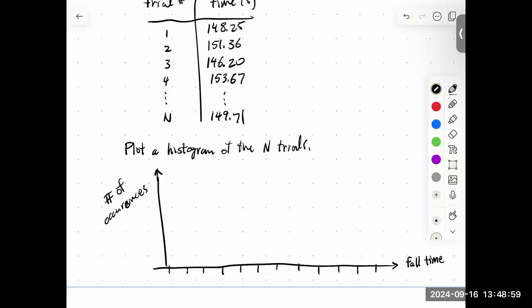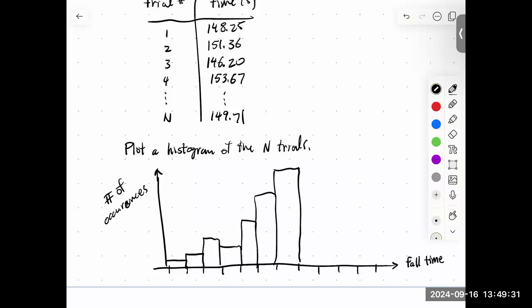If we have a bin out here at really low fall times, there might be only 1 or 2 trials that land in that bin. And so we get something like that. As we get to longer and longer times, we're going to get more and more trials falling in these bins. There'll be some variation, it's not going to be perfect, but then the bins will start getting taller, and there'll be one that's at the peak.